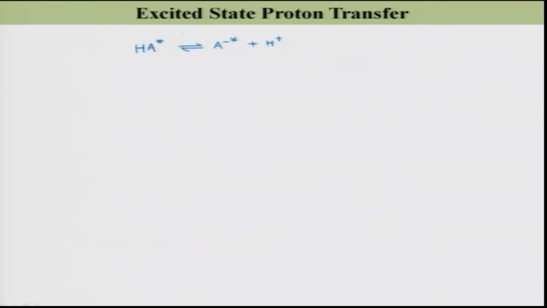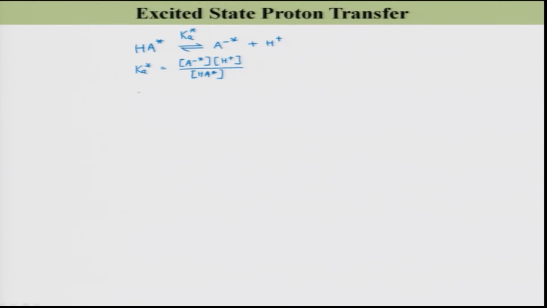So, I can simply write the equilibrium constant K, but as it is in the excited state, I will write K star. So, K A star is equal to the concentration of A minus star times the concentration of H plus divided by the concentration of HA star. Again, to tell you that these concentrations are equilibrium concentrations.